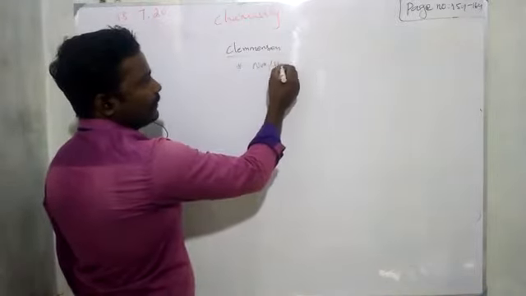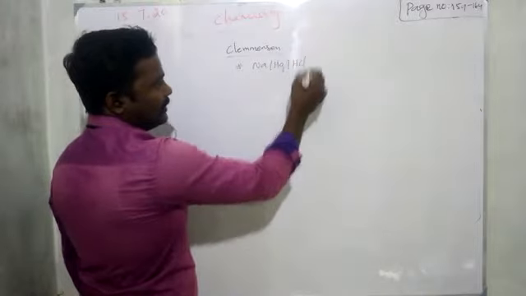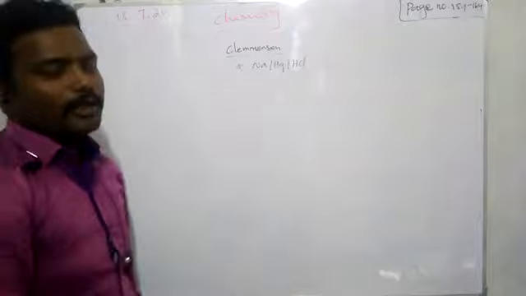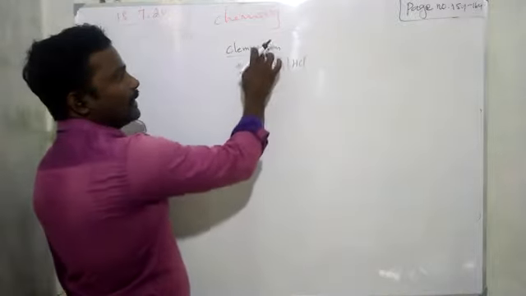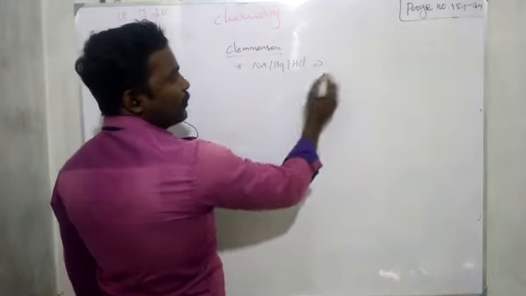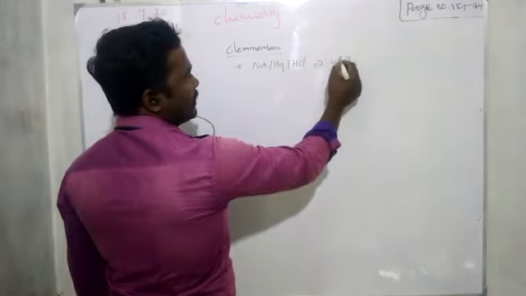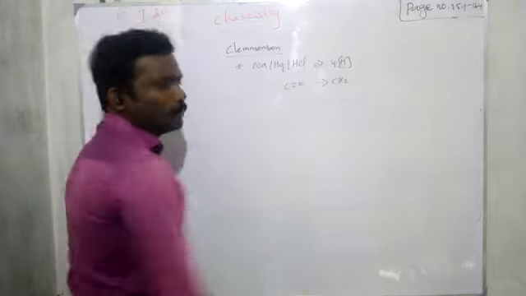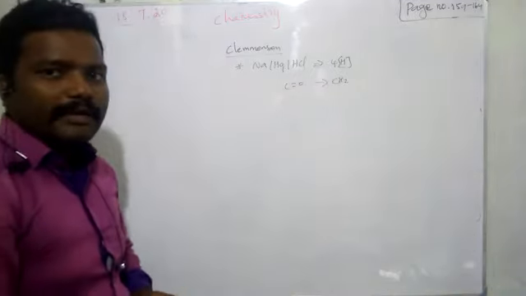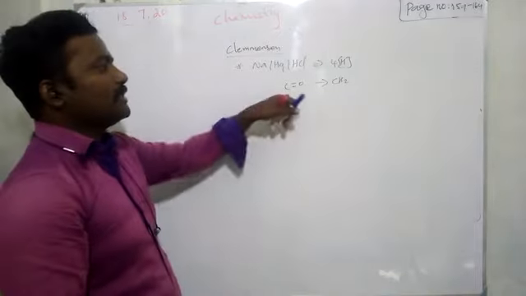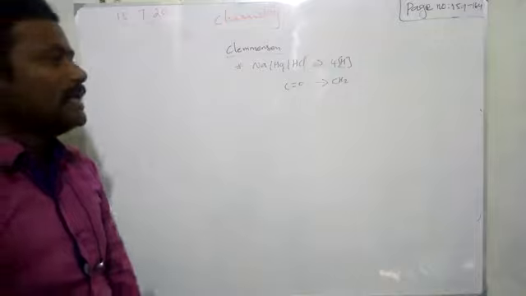Sodium amalgam and hydrochloric acid, the catalyst for Clemmensen reduction. What is the use of this one? It will give 4 hydrogen. Then the C double bond O group will convert into a CH2 group. Previously, with lithium aluminum hydride, the CO group was converted into an OH group, an alcohol group. Here the CO group will be converted into a CH2 group.